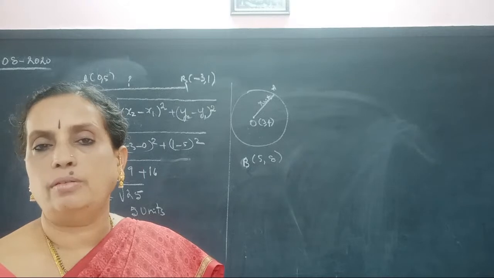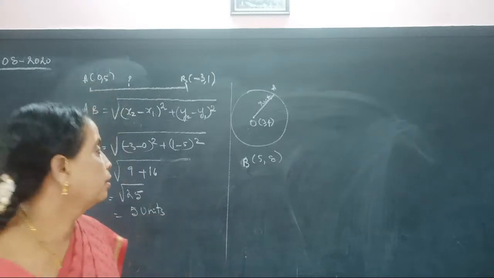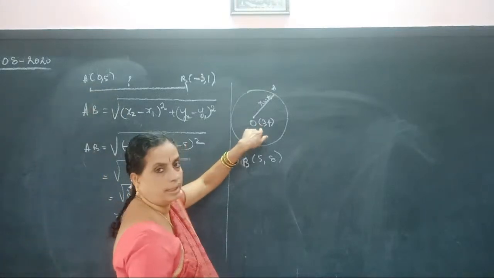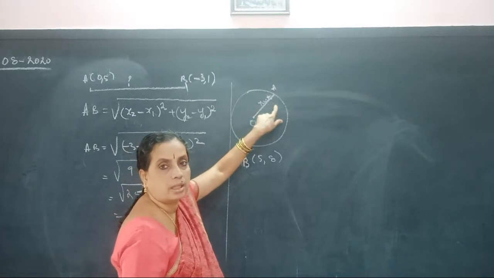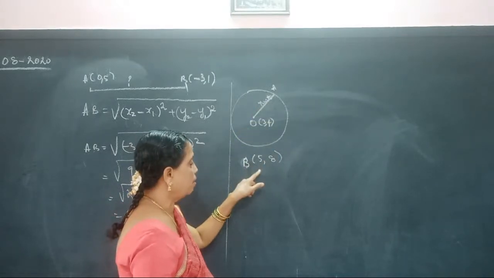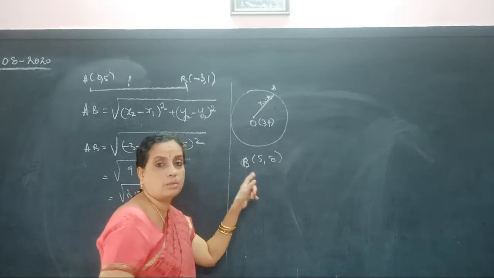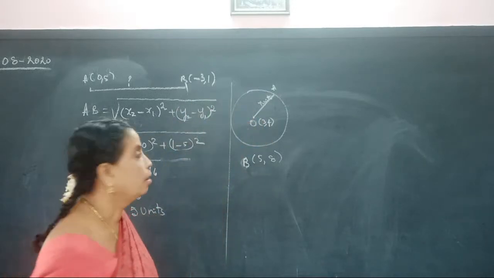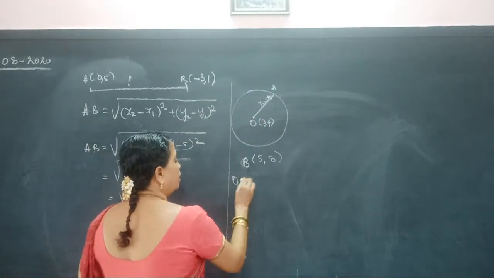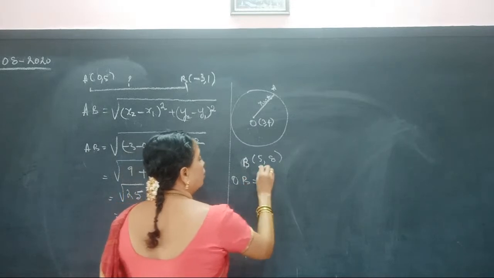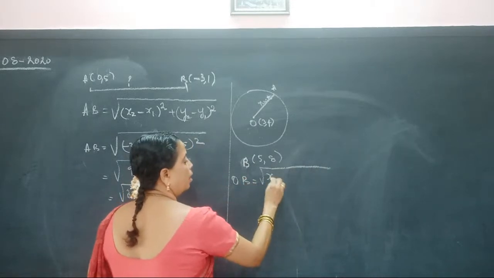Is it clear now? They have given the coordinates of the center and the radius of the circle, and they require the position of this point with respect to the circle. So I will calculate the distance OB using the distance formula.